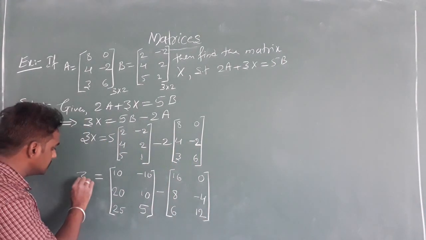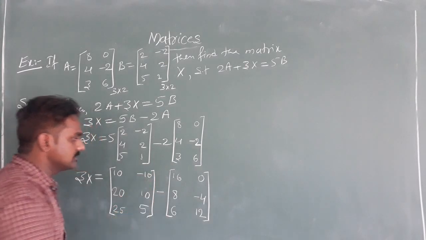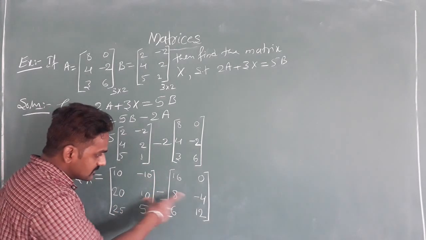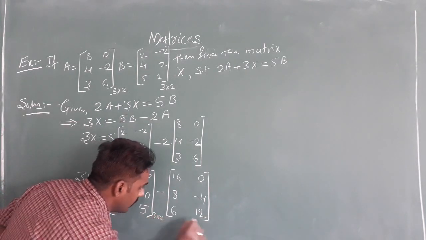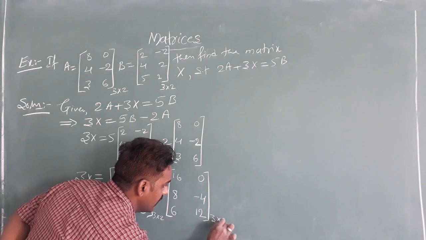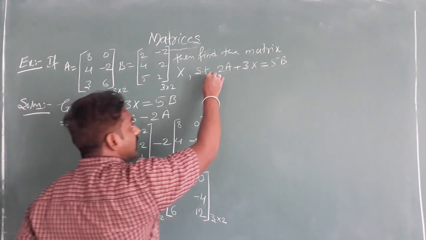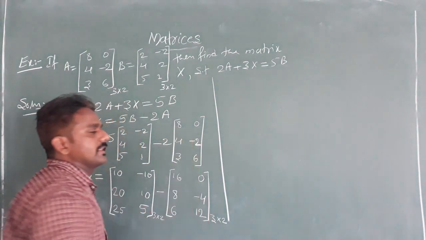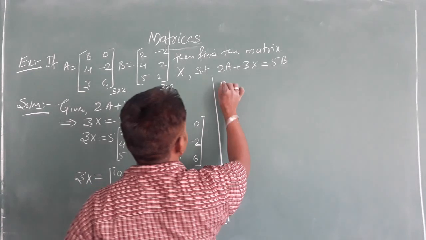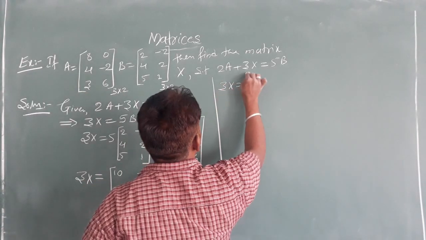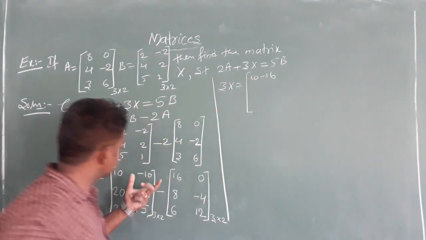So 3X equals, we get the two matrices. What is the difference of the two matrices? This is also a 3 by 2 matrix, and this is also a 3 by 2 matrix. You can easily do the difference of the matrices. 3X equals 10 minus 16, first element.